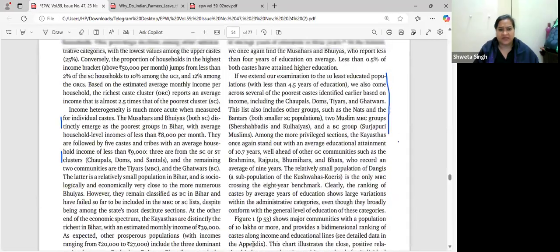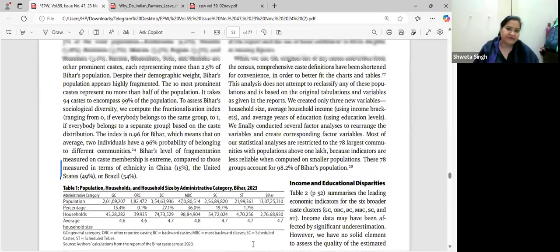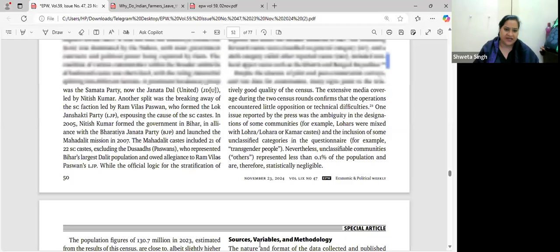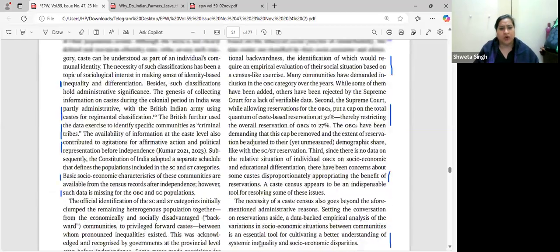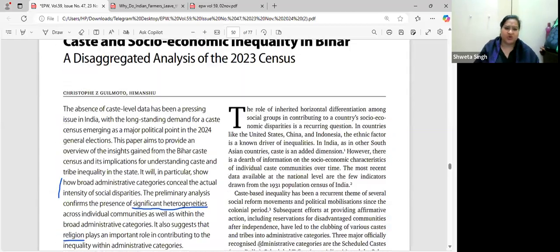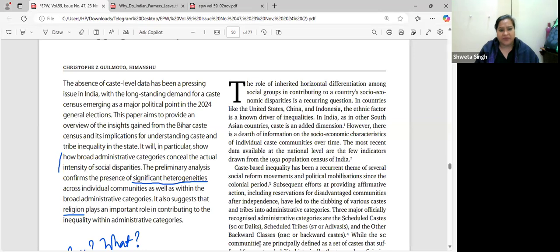So here, when we are discussing it, let me share how I have done the underlining, and that will give you an idea of how to go ahead. When I went through this specific dimension, it was briefly stated how broader administrative categories conceal the actual intensity of social disparities. When we create variables and categories, I have to pick data related to household income, whether a vehicle is there or not, whether a toilet is there or not.